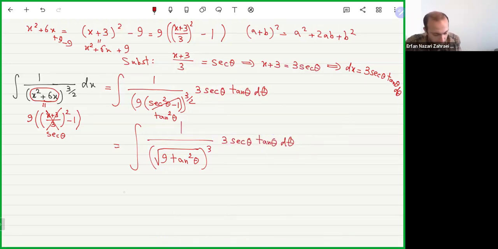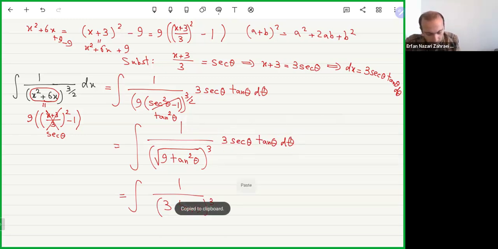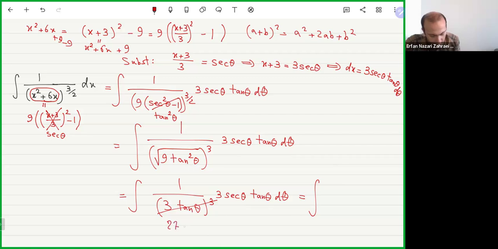Now it's easier to simplify. What do I have? The root of 9 tangent squared is 3 absolute value tangent. But recall that I don't use absolute value because of the assumption on the domain of theta. So it's just 3 tangent theta to the exponent 3, which is 27 tangent cubed theta.